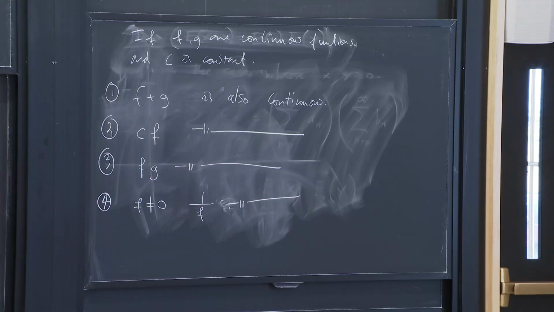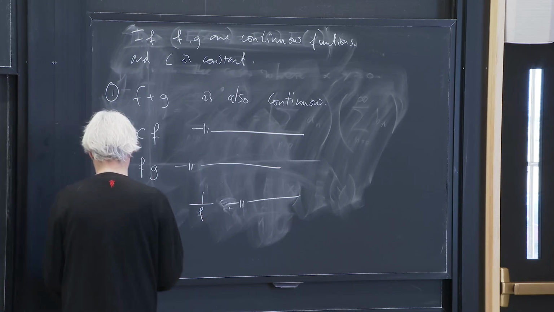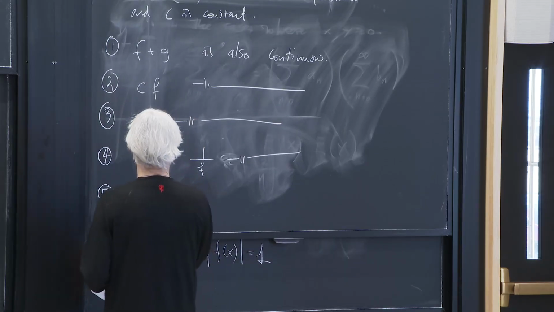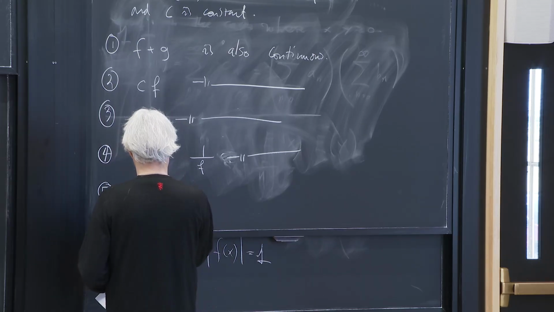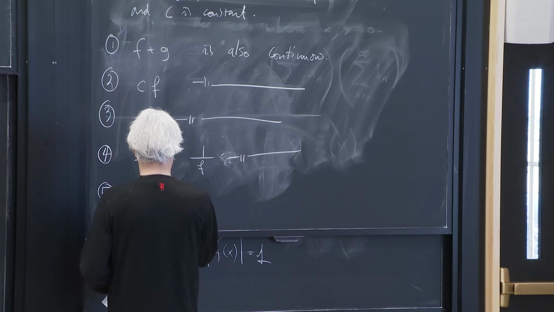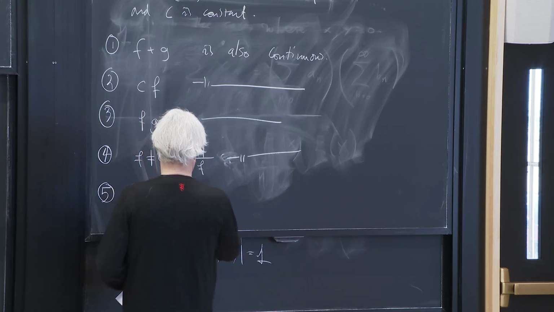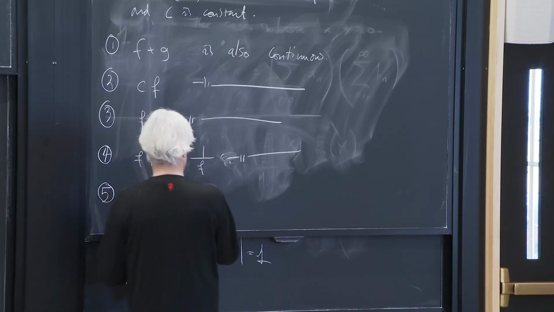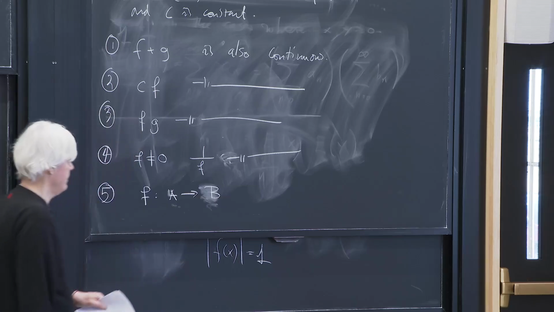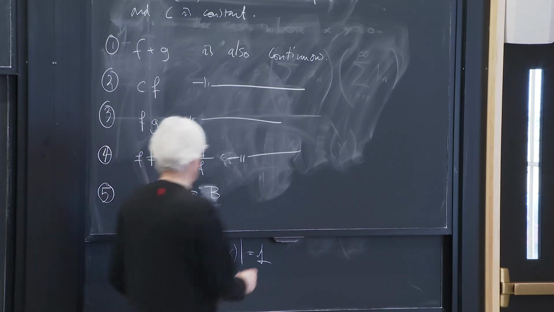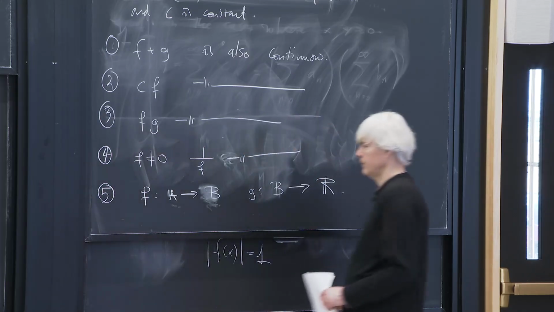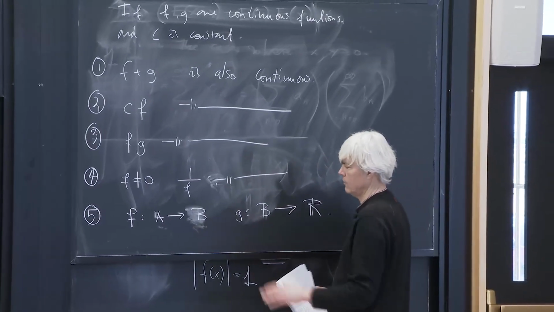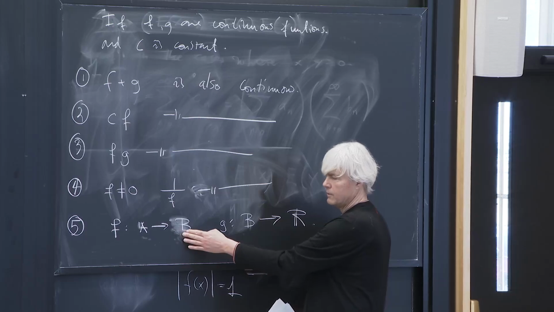And the last one, which is sort of different from anything we had for sequences, is that if you have these 2 functions, f and g, but now I'm thinking about f here as going from some subset A of R into R, but it may not be all of R, into some set B. This is a subset of R. This is another subset of R. And then g here goes from this set into R. It needs to be defined on the images of f.